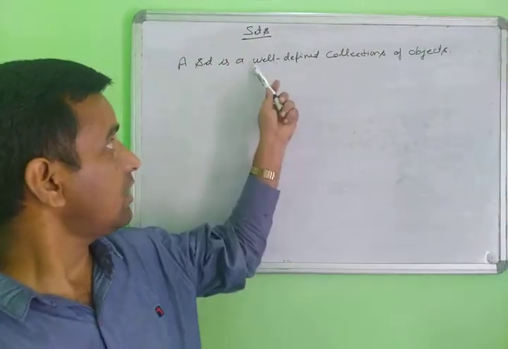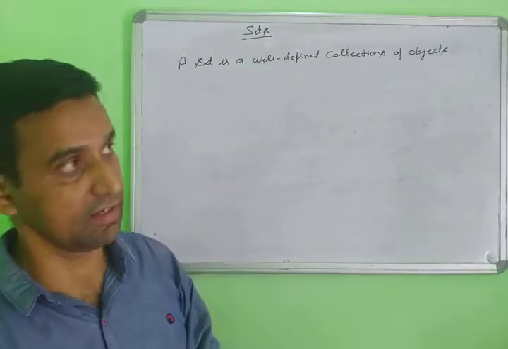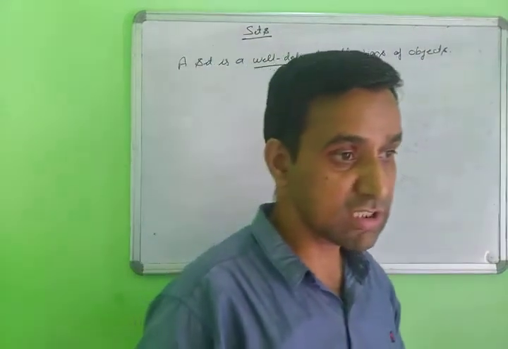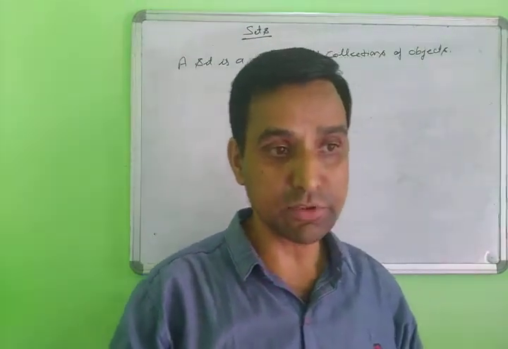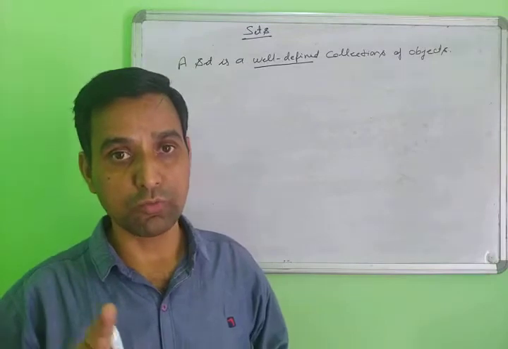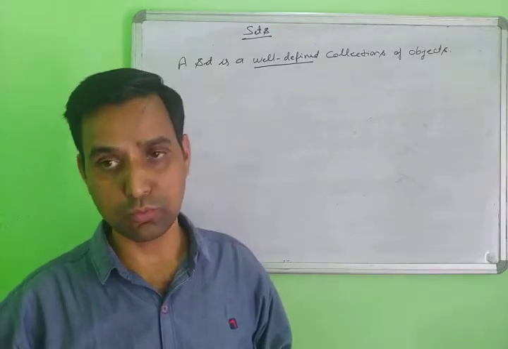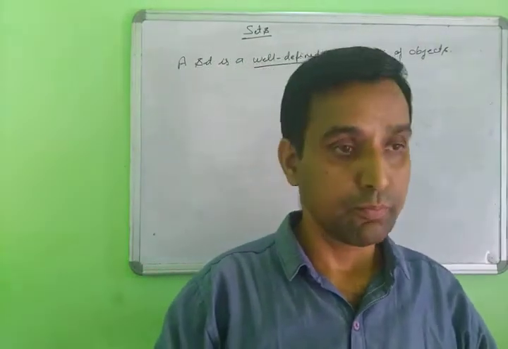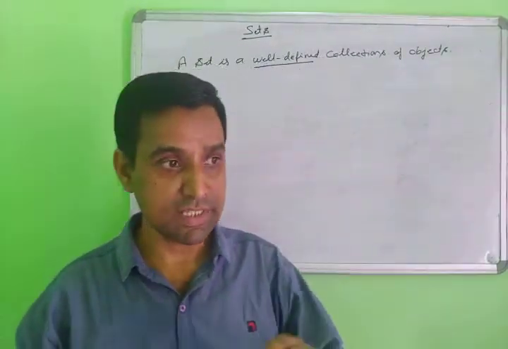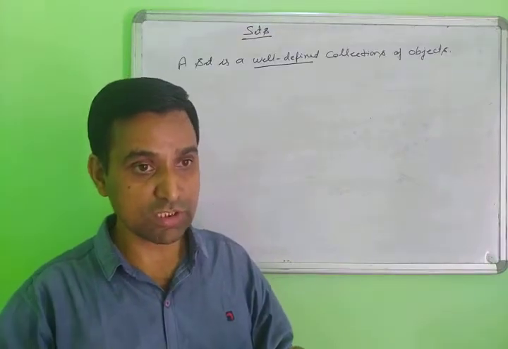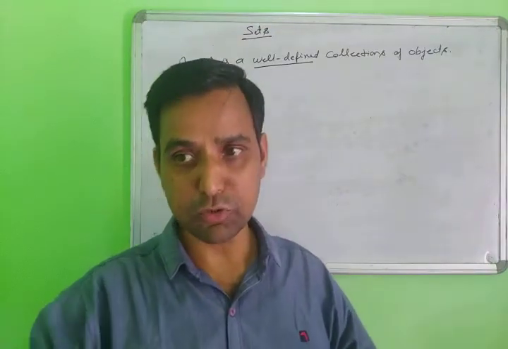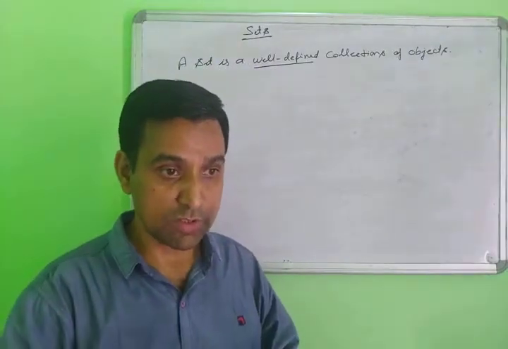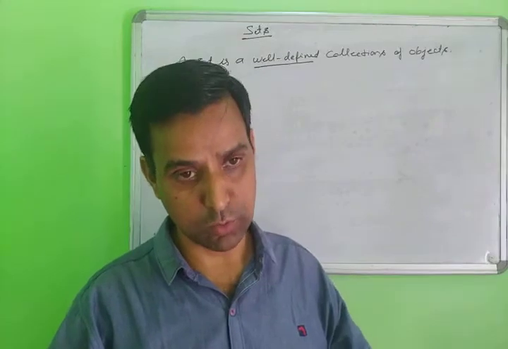It means those things, those objects, those items should not vary from person to person. You can make a set only from things that every person would agree on: if you like something, every person would like it, or if something is good, every person would find it good, then you can make this set.